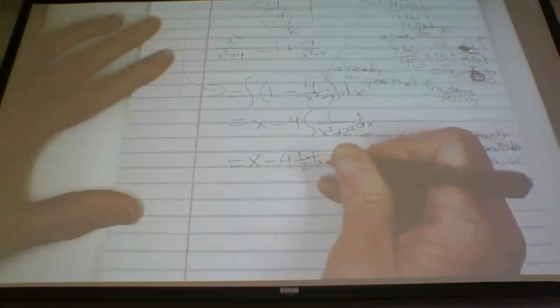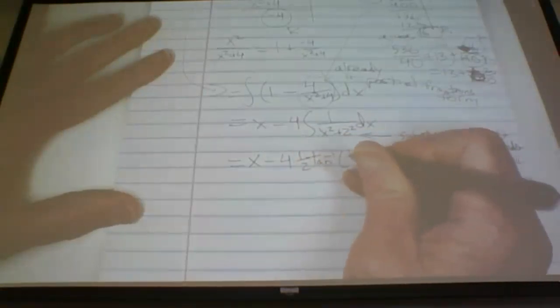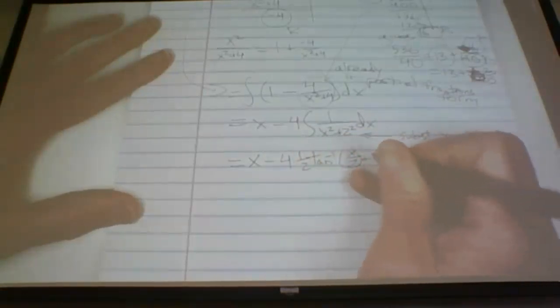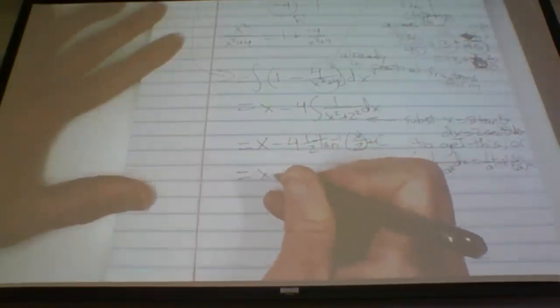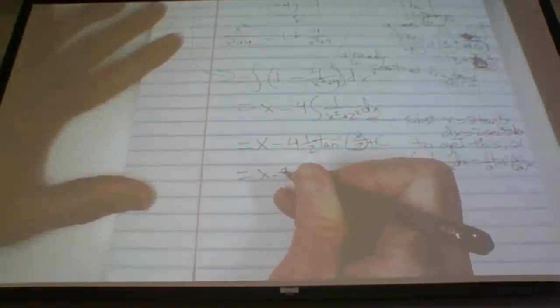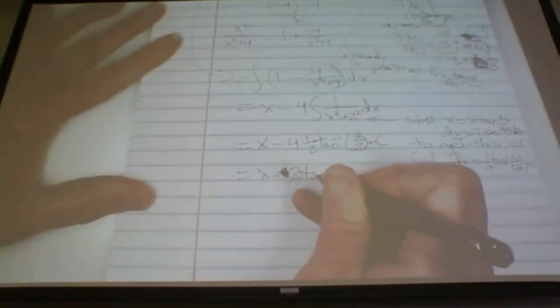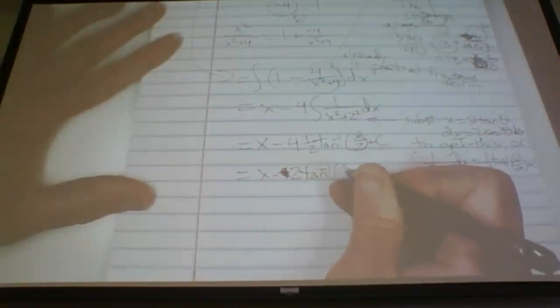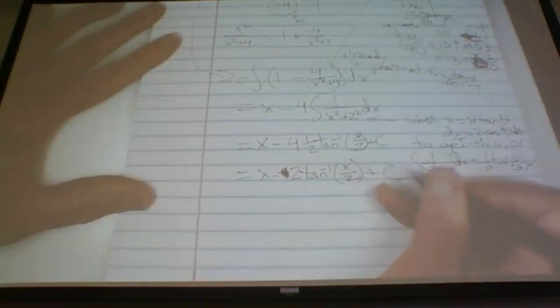So I could rewrite this as 1 over 2 arctangent x over 2 plus a constant. And now we see that this integral actually comes out to be x minus 2 arctangent 1/2 x plus c.